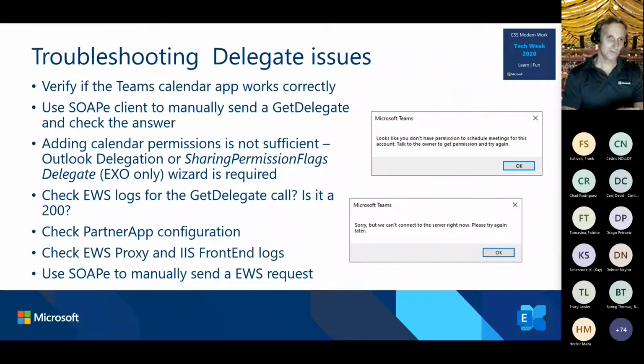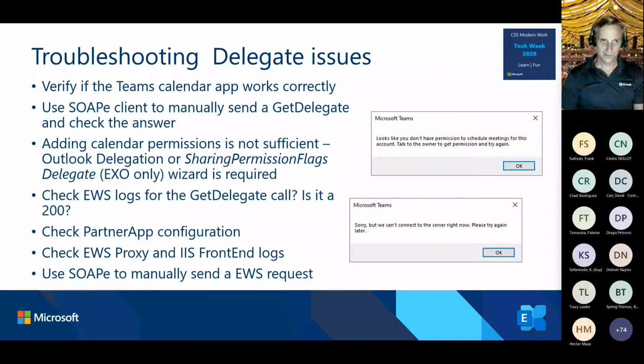So what do we do to find out what's going wrong? Of course, we can check if the calendar app works correctly. So that rules out any kind of OAuth configuration issue, any kind of auto-discover issue.